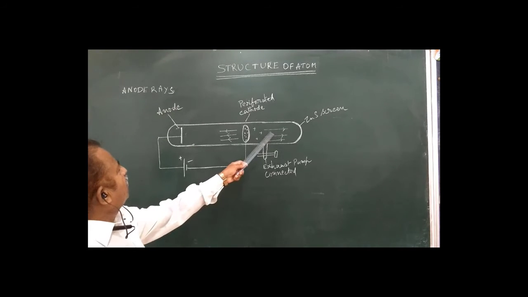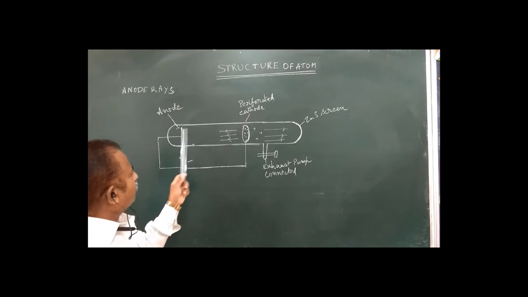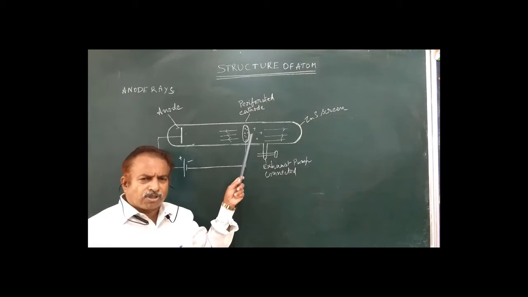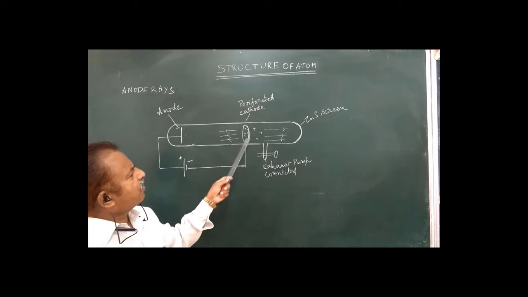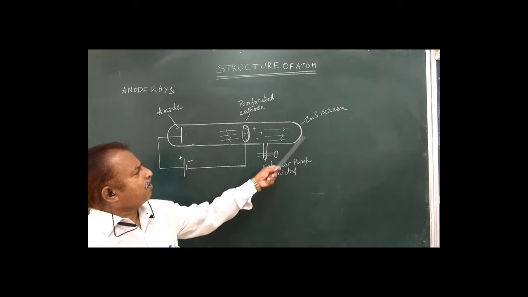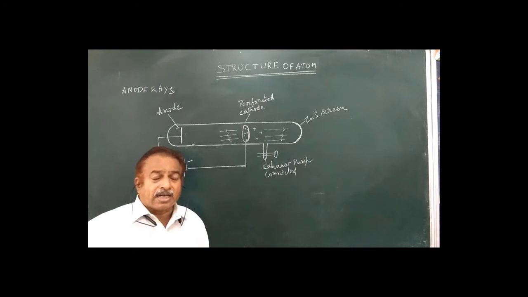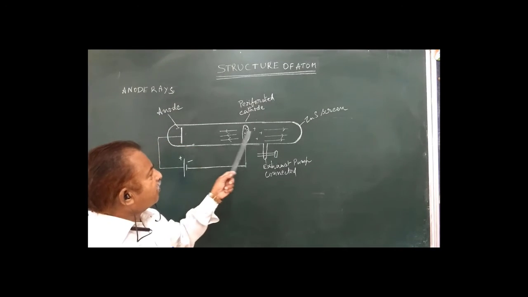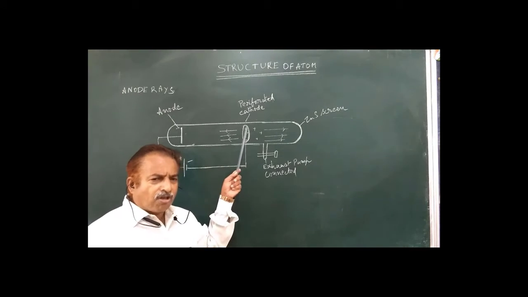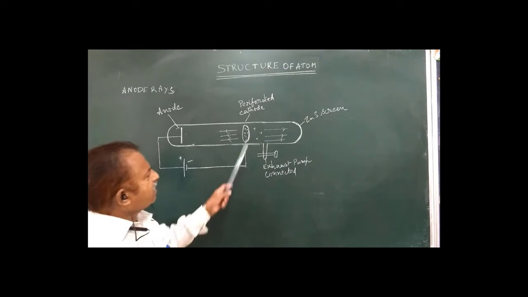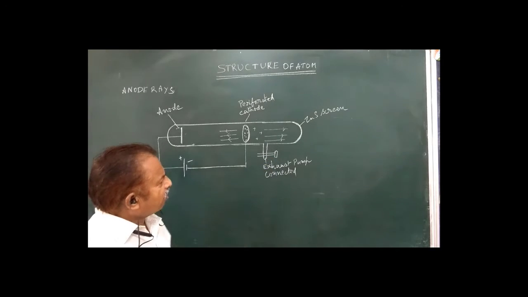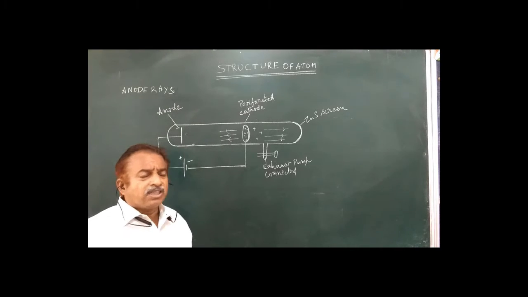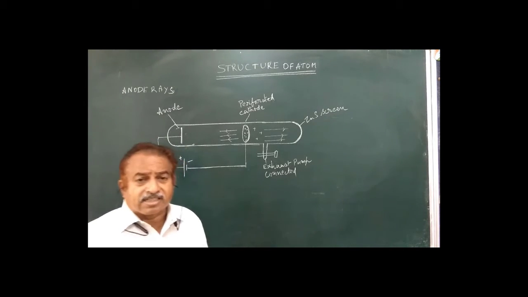So these rays might have come from the anode, penetrated through the holes, and fallen on the zinc sulfide screen, where scintillations are observed. As these rays penetrated through holes, which are also referred to as canals, these rays are called canal rays, and as these rays are coming from the anode, they are also called anode rays.